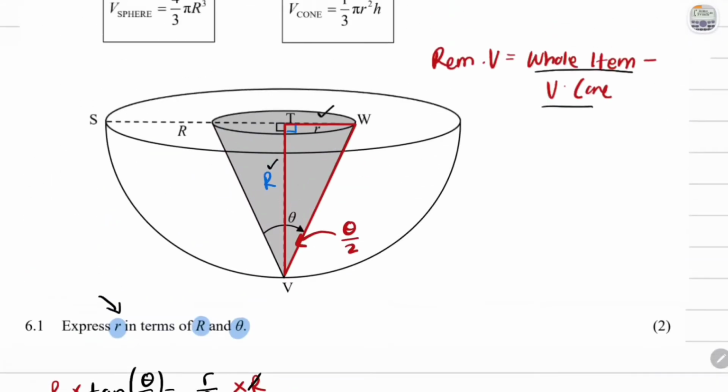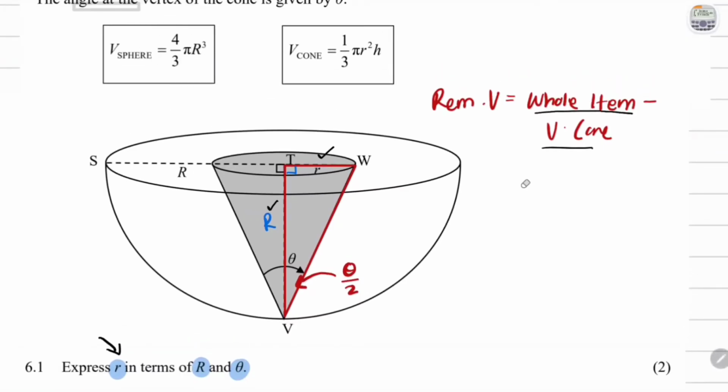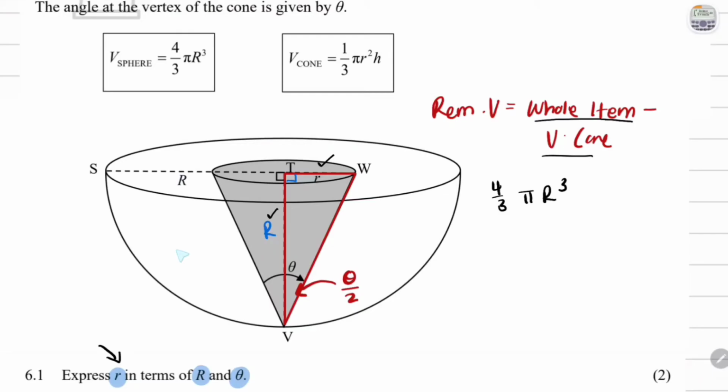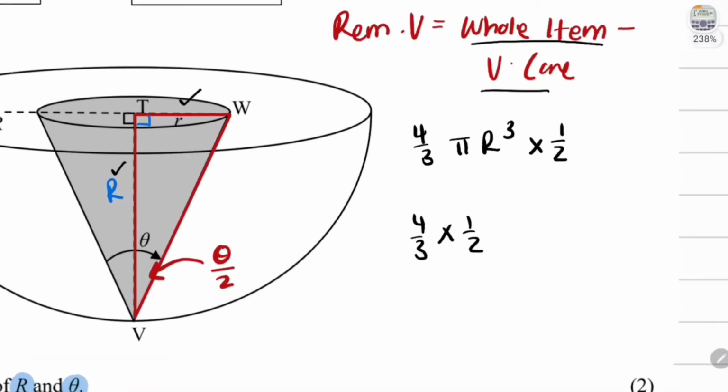So to find the volume of the hemisphere, remember that the volume of a sphere is 4/3 pi r cubed, right? They say in big letter R, of course, because that is the radius of the hemisphere. So to find the volume of a hemisphere, not a sphere, you would have to get half of that. So you can just multiply this by a half. And you see that the only numbers here are the 4/3 and the half. If you take 4/3 and multiply it by a half, diagonally, you see that we have a common factor of 2.